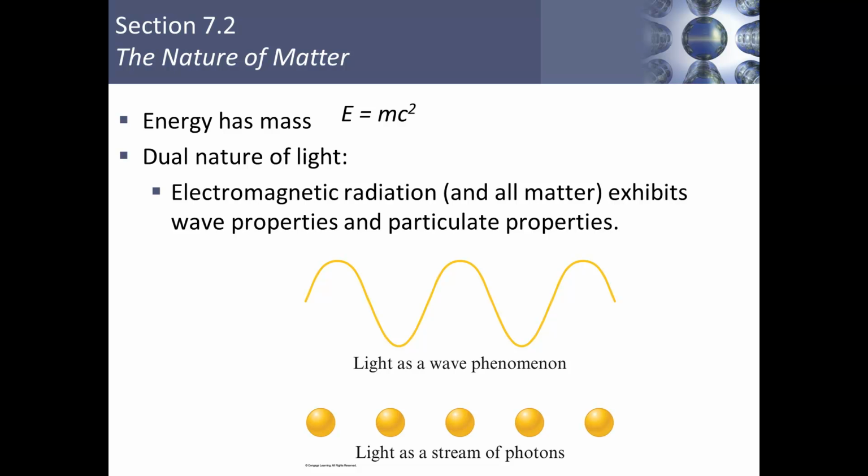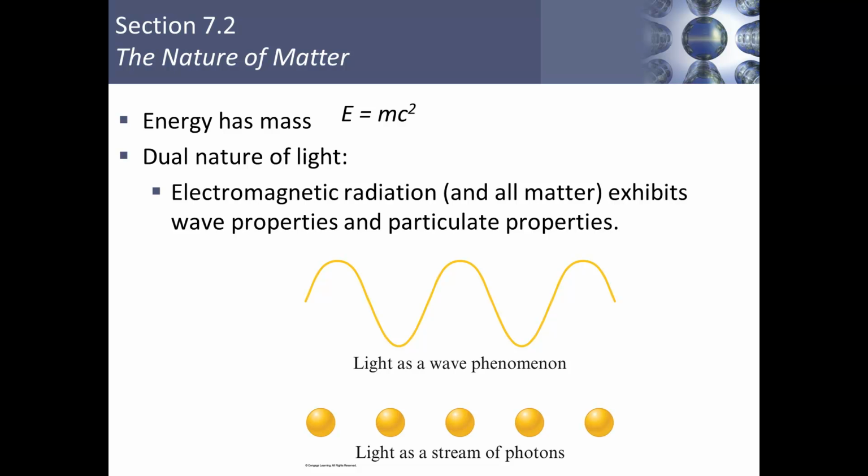Einstein also derived the famous equation, from the special theory of relativity, which shows that energy has mass and that energy is equal to mass times the speed of light squared.